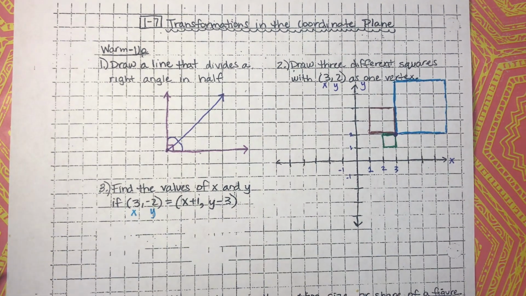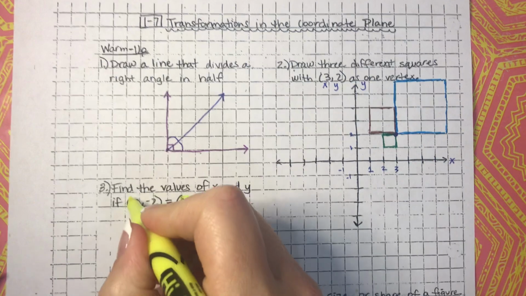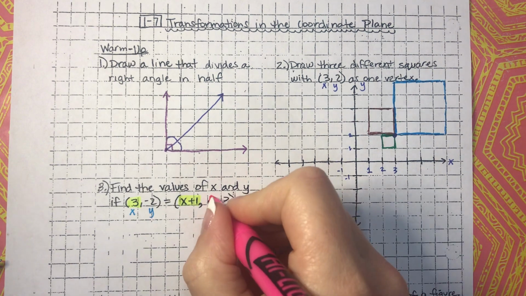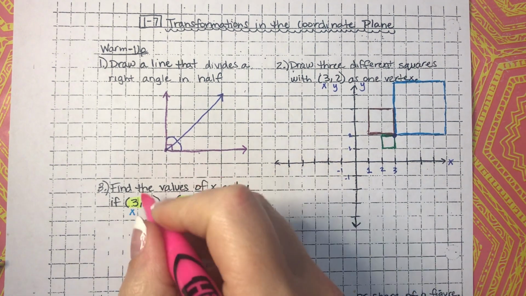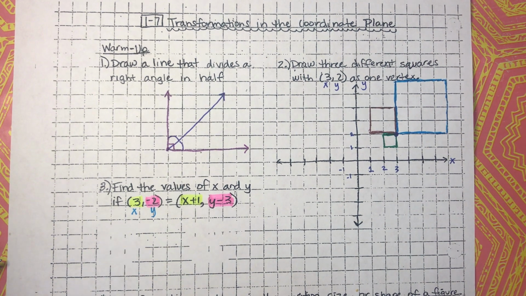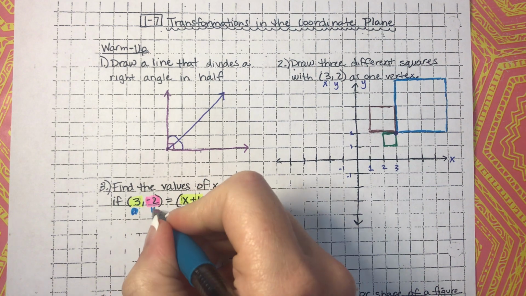Okay, it wants us to know what X and Y are. So this means that this equals this. It's kind of like we were doing that midpoint thing. This right here equals this. Just ignore what I wrote right there.